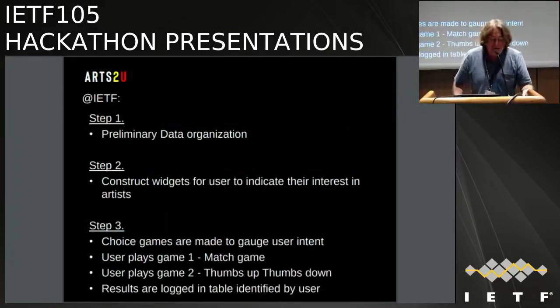So what we did here: step one was a lot of preliminary data organization, and step two was we constructed widgets for public users to indicate their interest. Once the games were made, that helped us log the results and feed different information to the users.